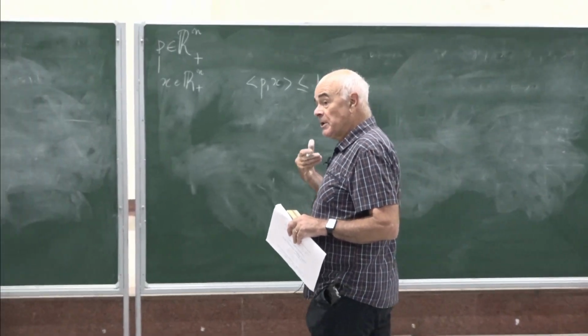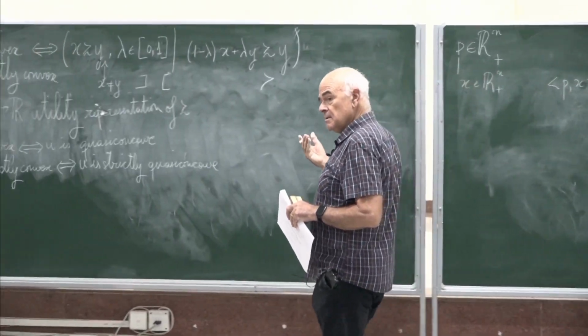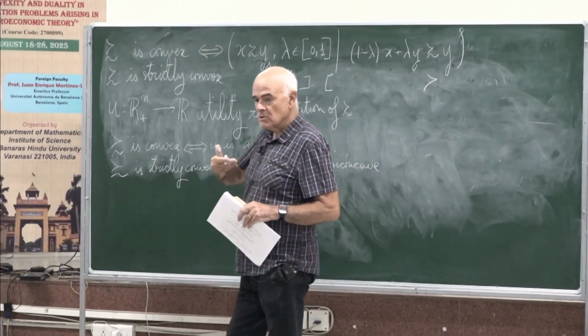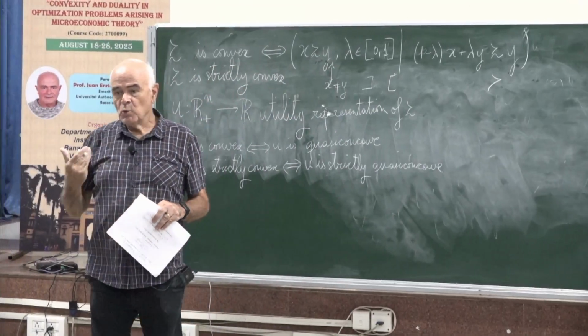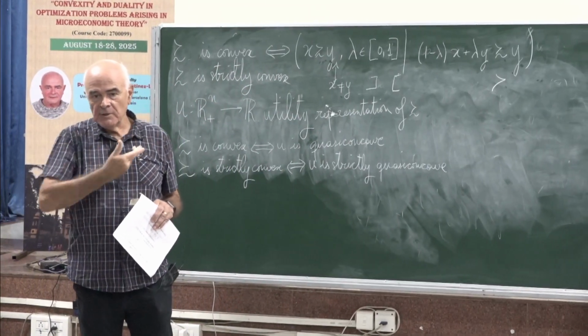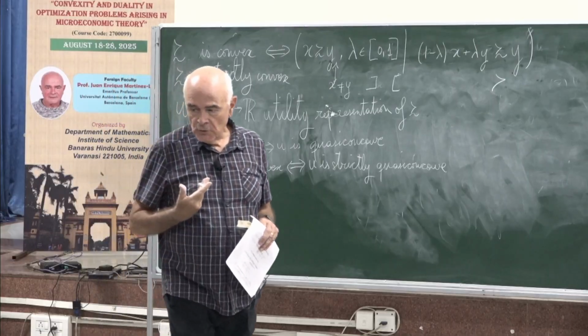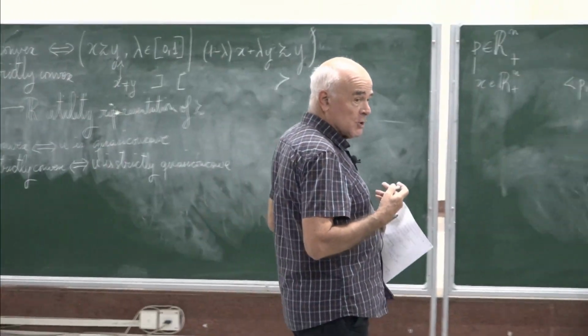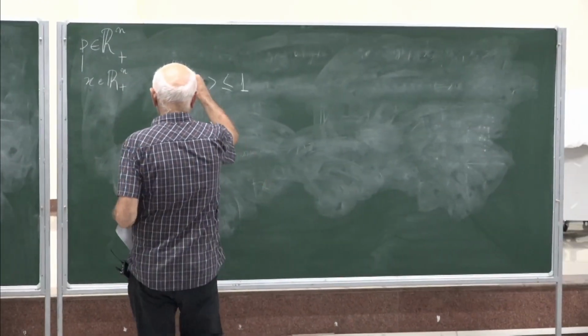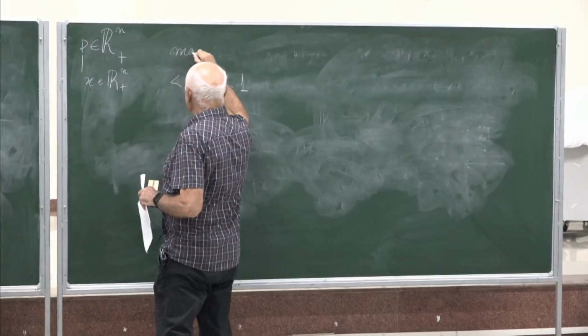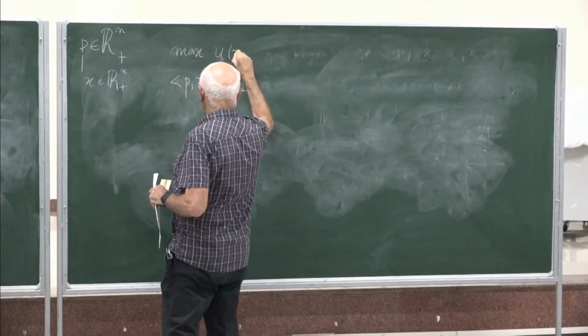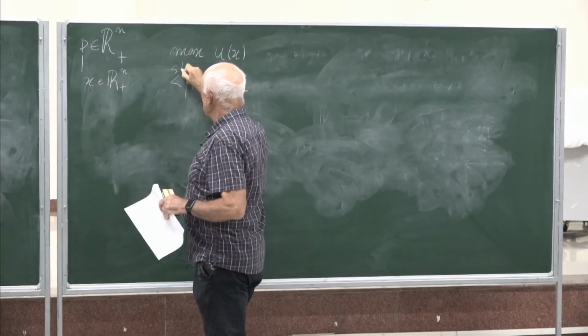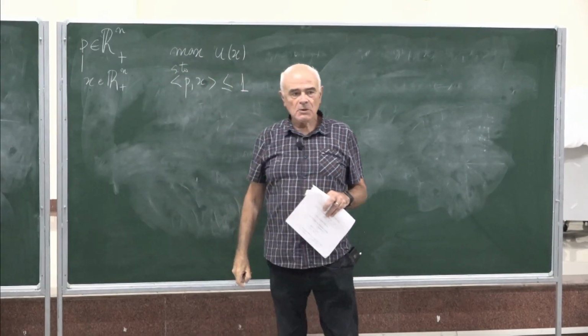And I want to obtain the best commodity bundle for me under this constraint. The best one will be the one with the larger value of U. So the consumer utility maximization problem means maximizing U of x subject to this constraint.